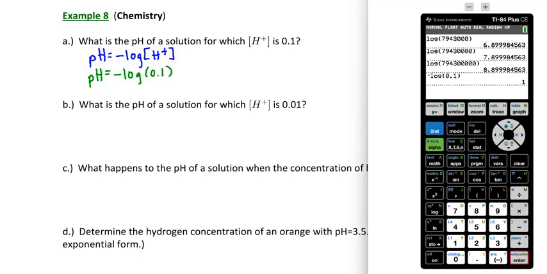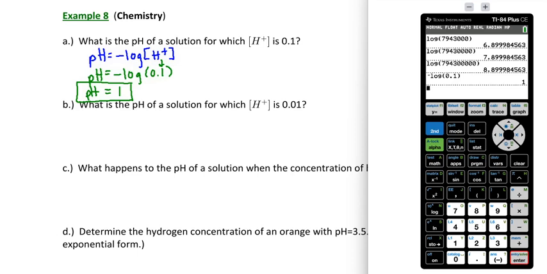So remember, base 10 log is going to count the decimal places. So there's one decimal place here. So the answer to log of 0.1 would be negative 1. And then our negative coefficient times negative 1 would give us a positive 1. So the pH score would be 1 for hydrogen ion concentration of 0.1.